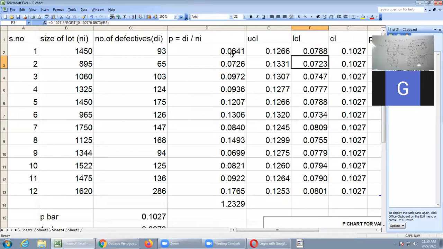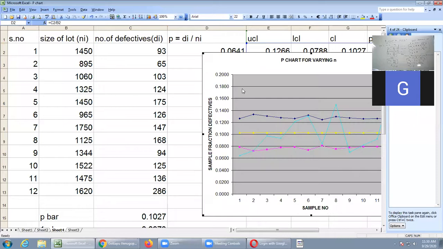This is the least value you have. 0.0723 and 0.0641, which one is least? 0.0641. And the scale should start at 0.0600. So that's why the scale is considered. See this one, up to 0.0600 it is enough. You can directly consider 0.0600 to 0.1800. You can consider the scale. 0.0200, 0.0400 is not required. Directly you can consider 0.0600 to 0.1800 by taking 0.0200 difference or 0.0100 difference, your wish.